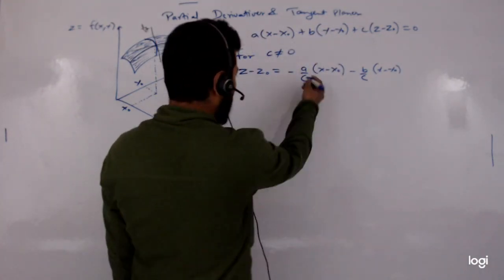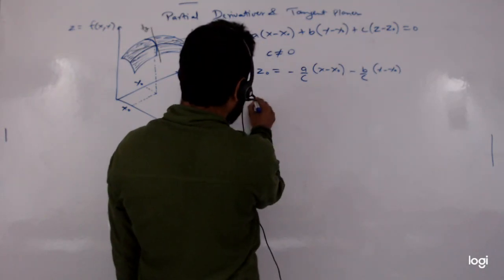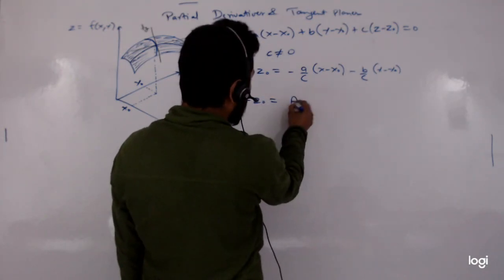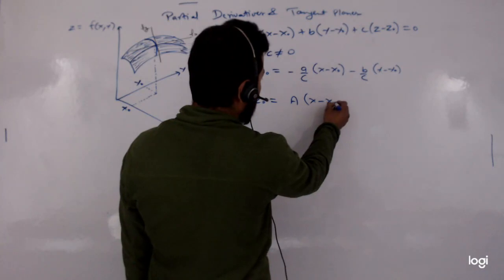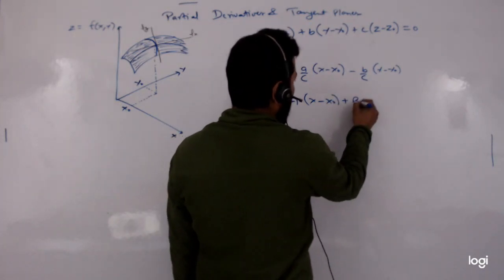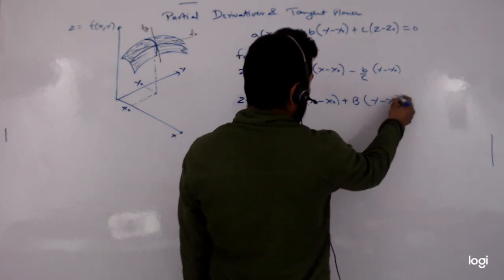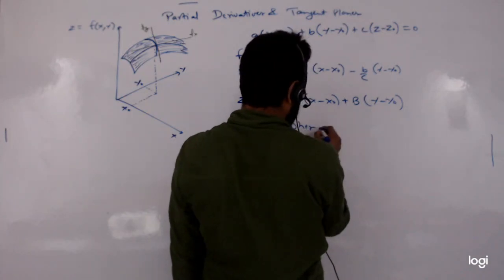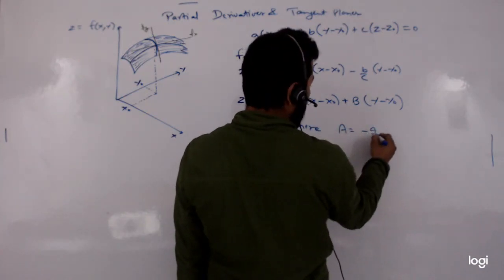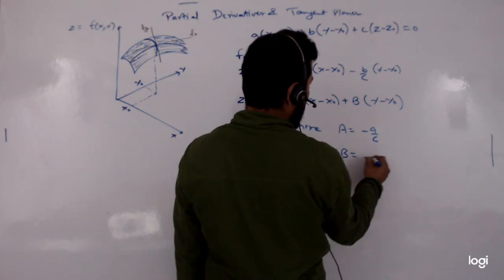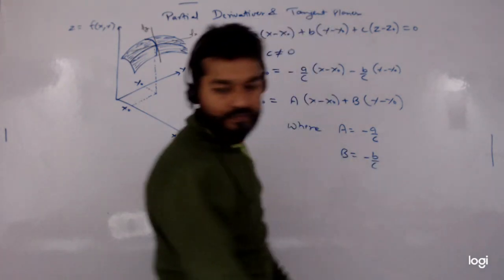Okay, and let's simplify it by saying where a is equal to minus a by c and b is equal to minus b by c.